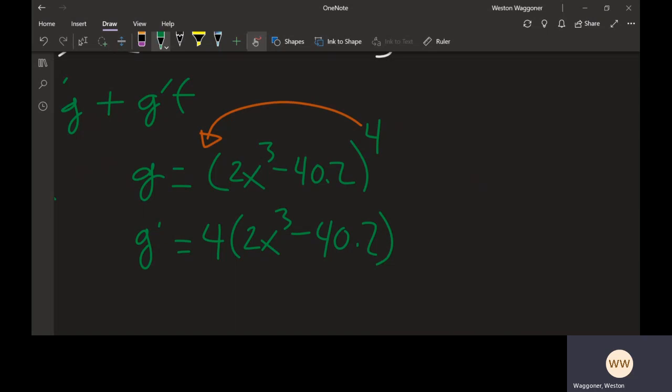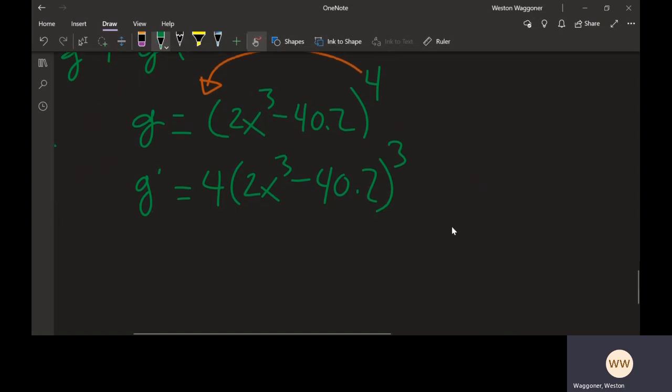And now, same thing with the power rule, we're going to drop the power by 1. So that's where that 3 is coming from. And then we're going to multiply this, because this is chain rule, by the derivative of what's on the inside. So we're going to have 2x to the third minus 40.2, and there's no power to that.